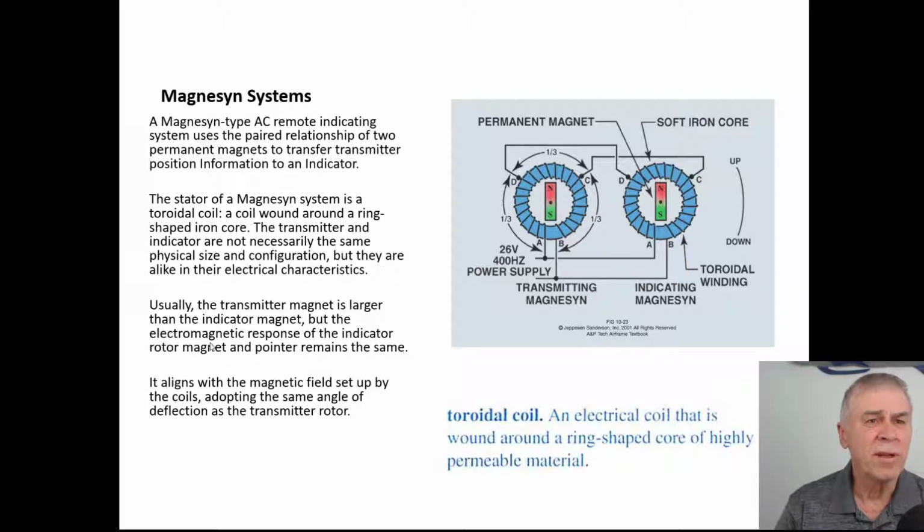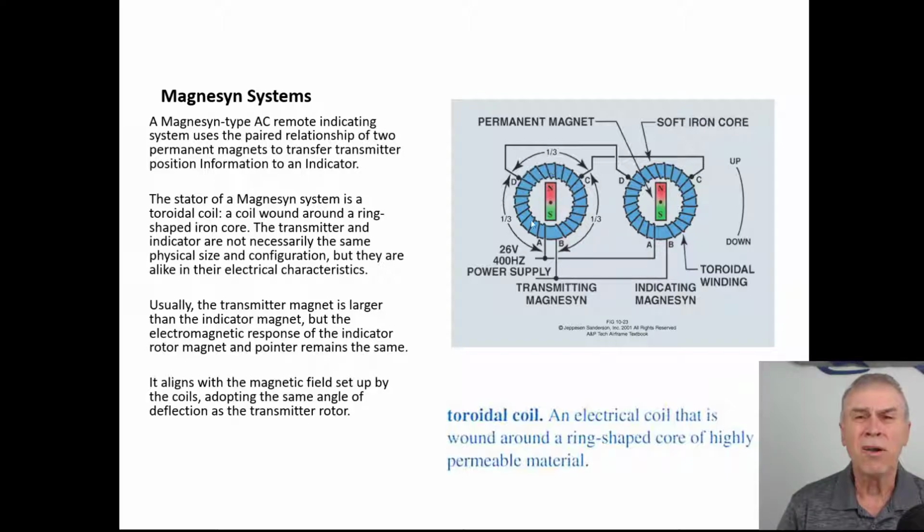But it actually has the same electromagnetic response. The indicator rotor magnet and pointer remain the same. So you can see the pointer is actually going to be this little floating magnet in the middle. A magnet in the middle of a magnet. They're pointing to a permanent magnet in the middle. That's the difference. A permanent magnet is not attached to electricity.